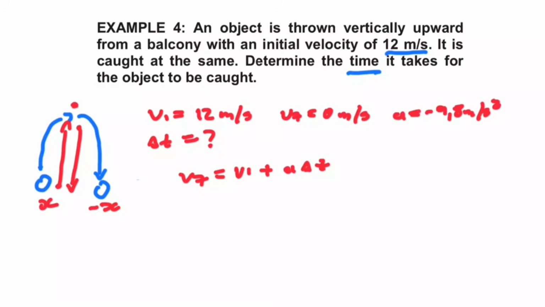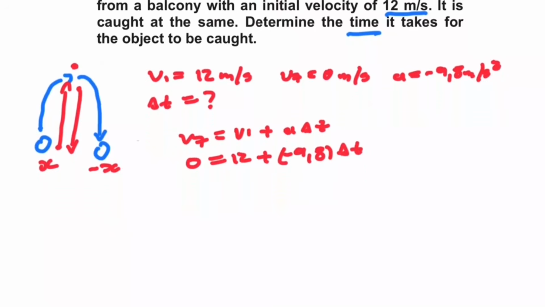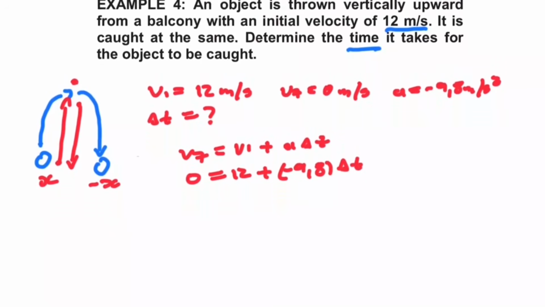So let's take a look. Vf is 0, Vi is 12, plus the acceleration, which is minus 9.8 multiplied by delta t. If we take 12 to the left-hand side, we're going to have minus 12 being equal to minus 9.8 multiplied by the change in time.